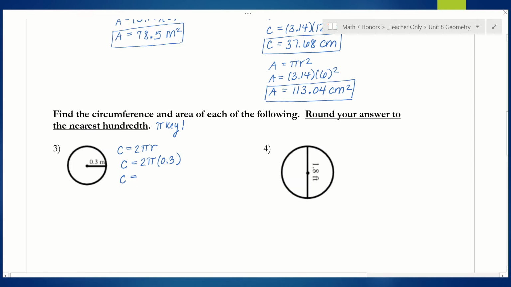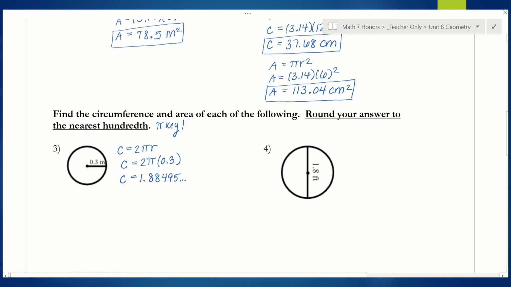So when you type this in your calculator, you're actually going to type 2 times your pi key. Now, of course, I'm using a graphing calculator here at home, and so I'm forgetting where it is. There we go. So 2 times pi times 0.3, and I'm going to write this out for us. 1.88495, and so on.